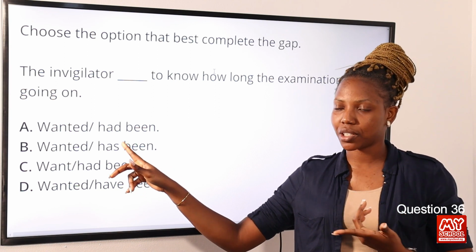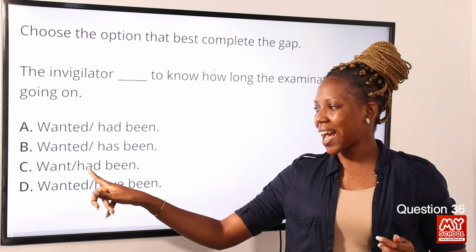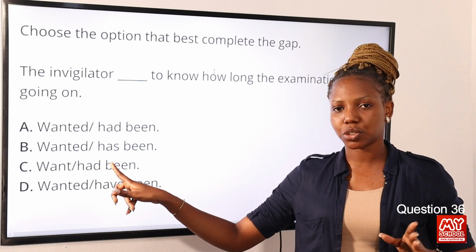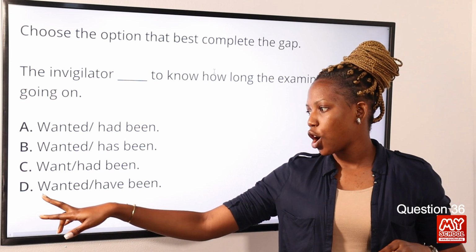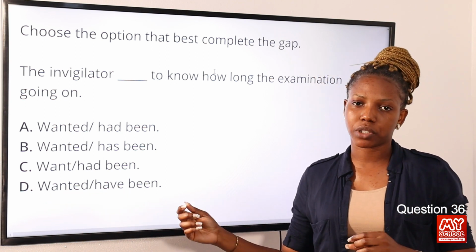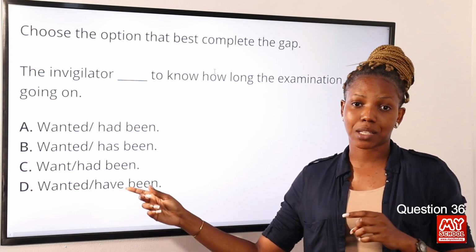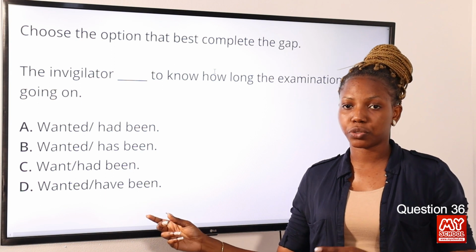So it does not agree, so this is out. Option C, want, present tense, had been, past tense. It does not agree, so we can't even consider it. Option D, wanted, past tense, have been, present perfect tense. So these do not agree because it is a combination of two different tenses.